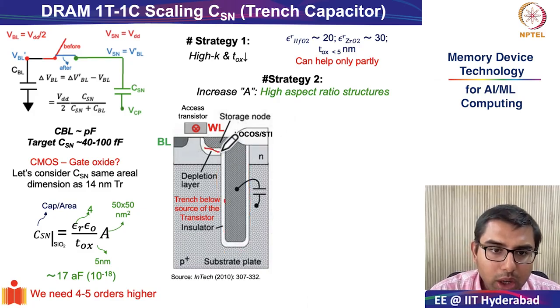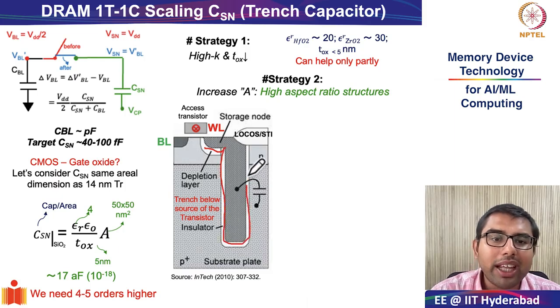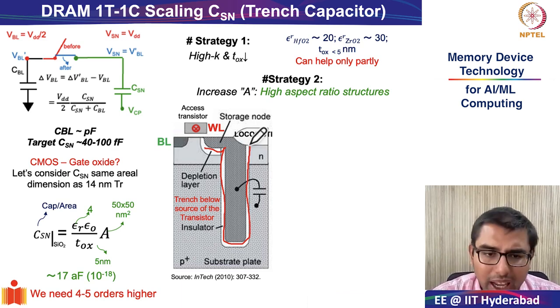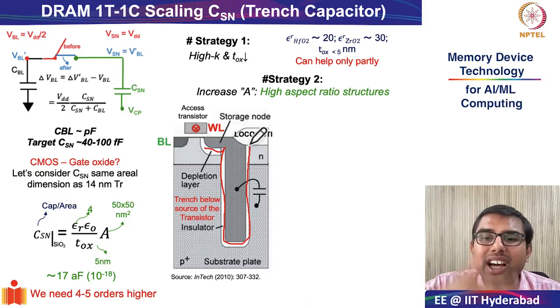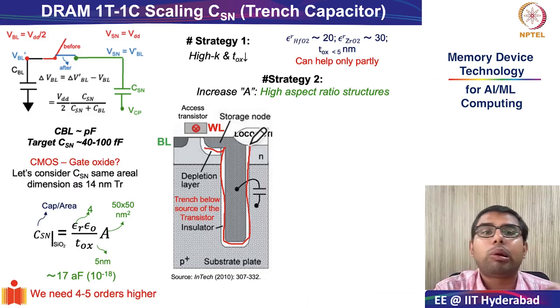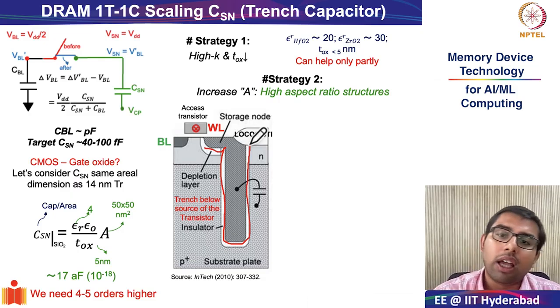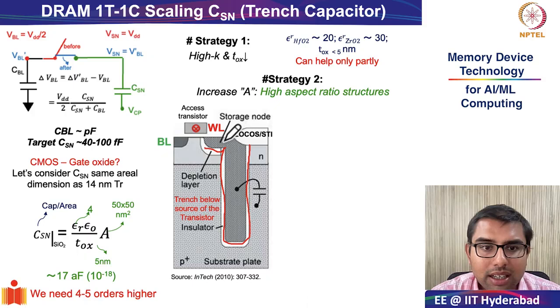So the dielectric material over here is indicated in this white color. This dielectric material generally is hafnium oxide, zirconia, titania, and so on. Sometimes you use several layers of these dielectric materials also so that you can reduce the leakage through the storage node capacitor.